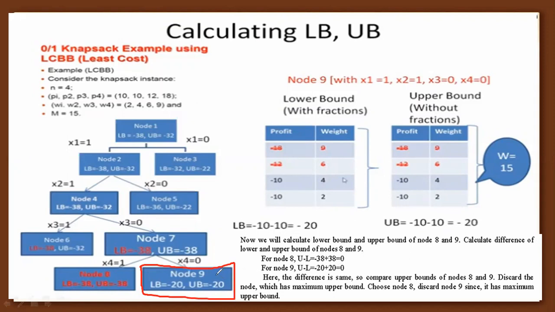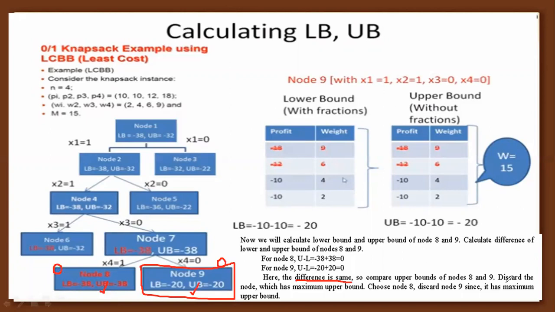And when you consider the difference, both are having the same difference. If node 8 and node 9 both are having the difference 0, when both difference is same, now compare the upper bound of node 8 and upper bound of node 9.